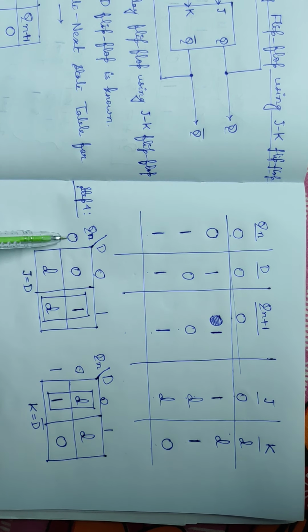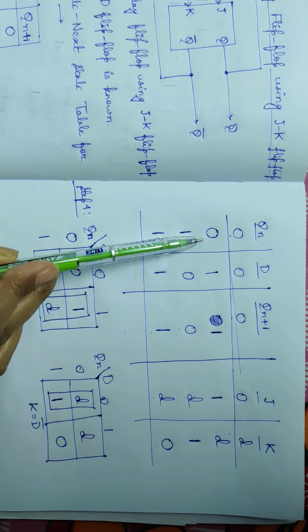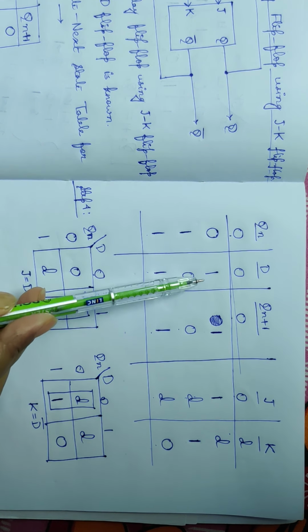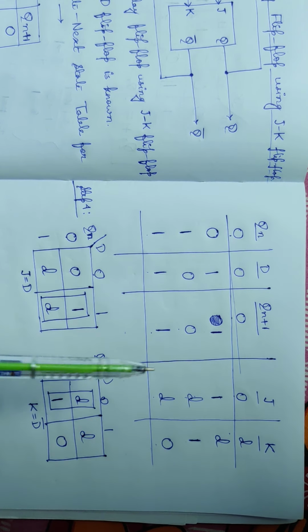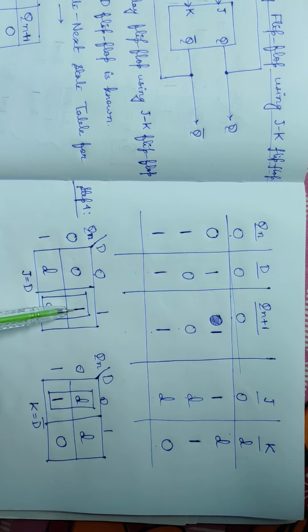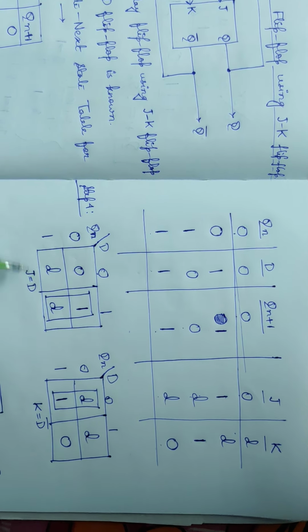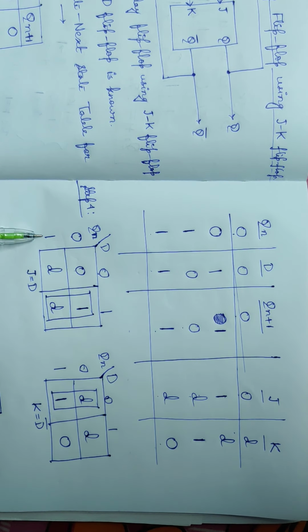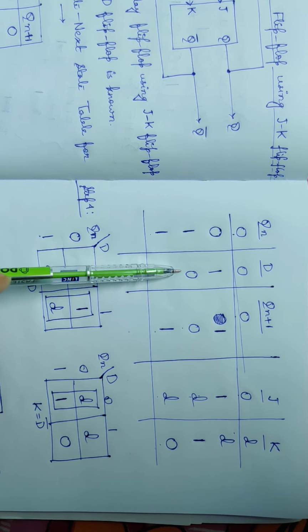Next, the value of Qn is 0, value of D is 1. What will be the value of J? The value of J is 1 here. So we have written 1 here. Now we have to find out J for Qn equal to 1, D equal to 0.